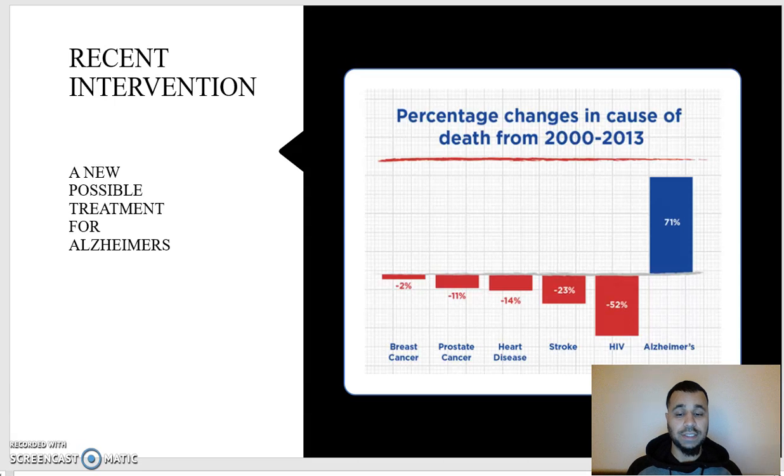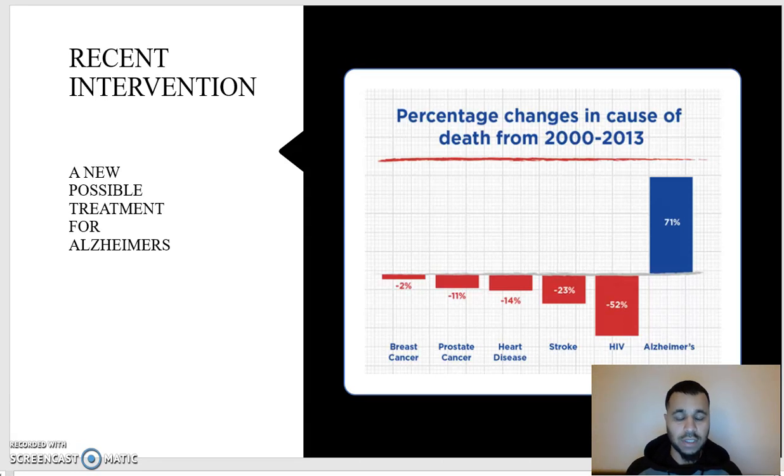They have enzymes called beta secretase and gamma secretase, and these cut the beta amyloid in a way that doesn't get rid of it and leaves fragments. So these toxic fragments start to accumulate in the brain and start turning into plaque.